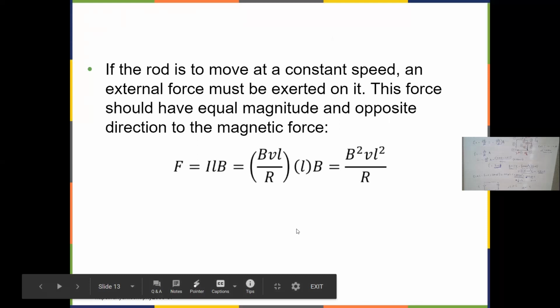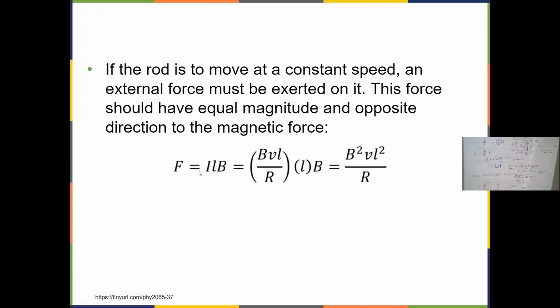Now we can take a look at what's the magnetic force that the rod experiences. So the rod will experience a force equal to I, the induced current, times L times B. I will be equal to epsilon. So in the previous slides we saw this is epsilon, right? Induced potential divided by R, times L times B. So then it becomes B squared V L squared over R. Okay, so this is the magnetic force that the rod will experience.